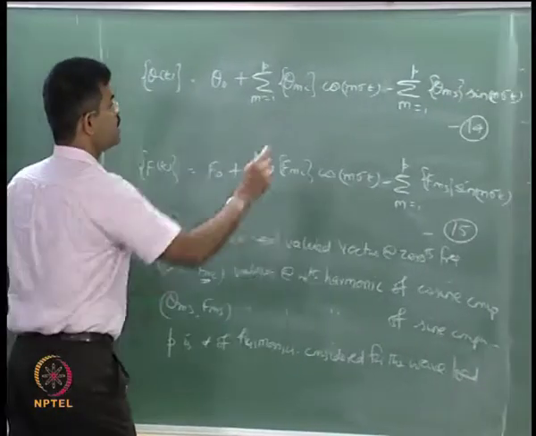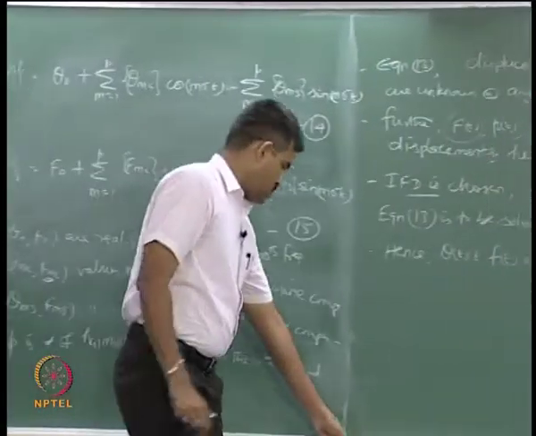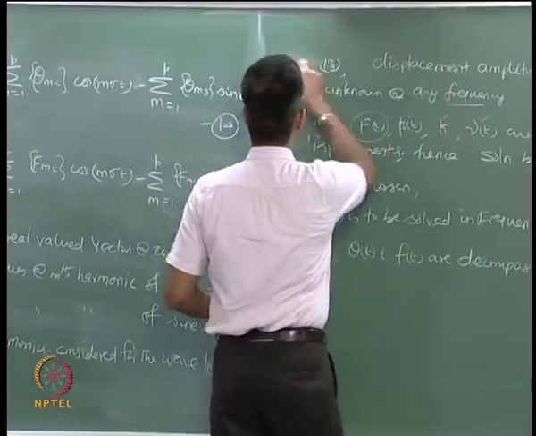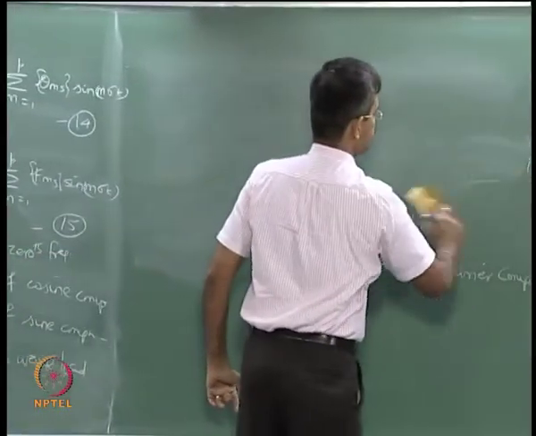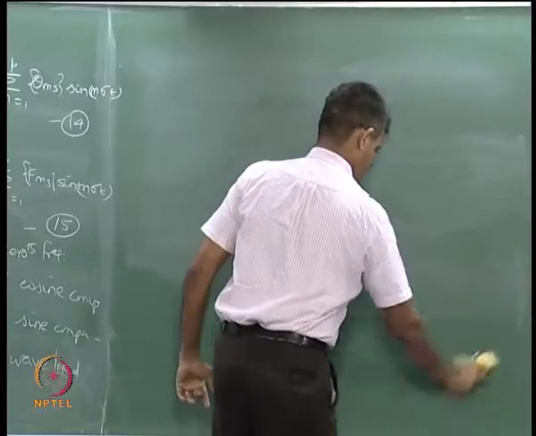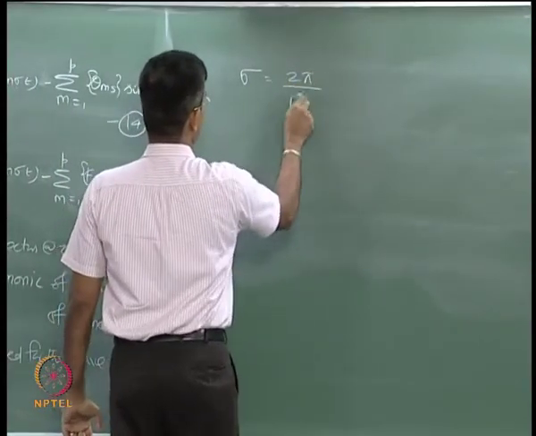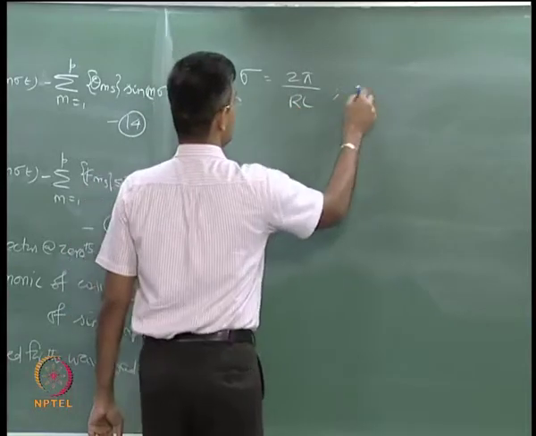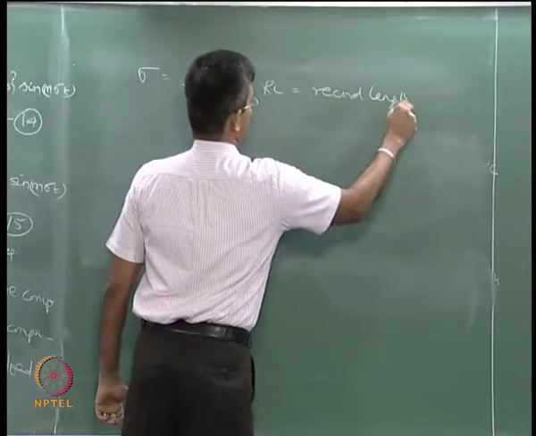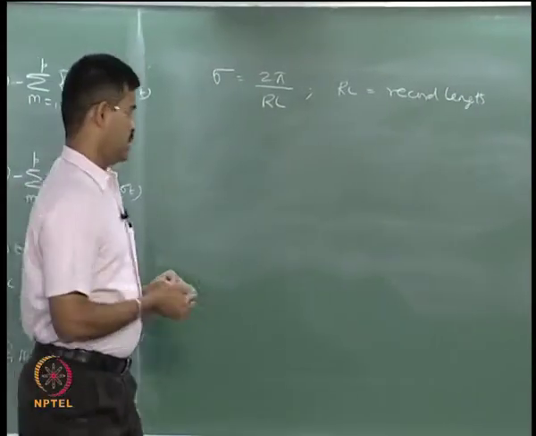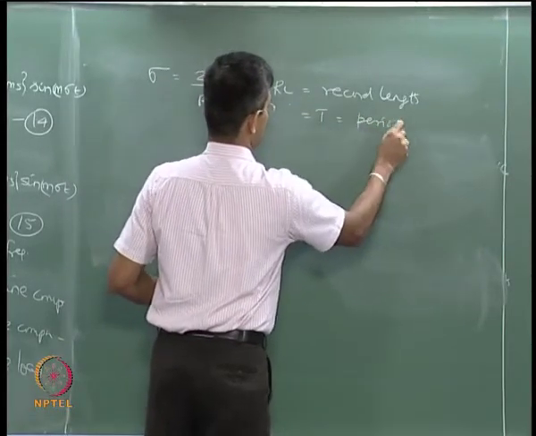And of course sigma is 2 pi by RL, where RL is called record length, or sometimes is also called T, which is the period of the wave loading.